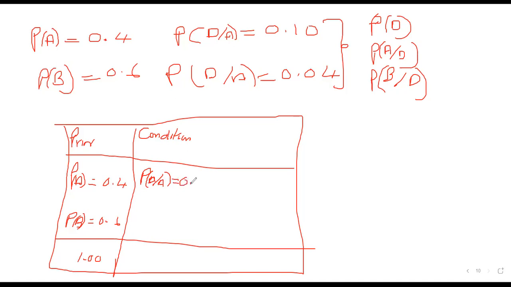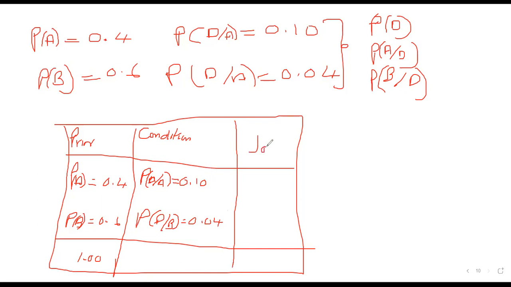So this is 0.10. Then this is probability of D coming from B. This is 0.04. So conditionals don't always add up to 1, whatever it may be, more or less.